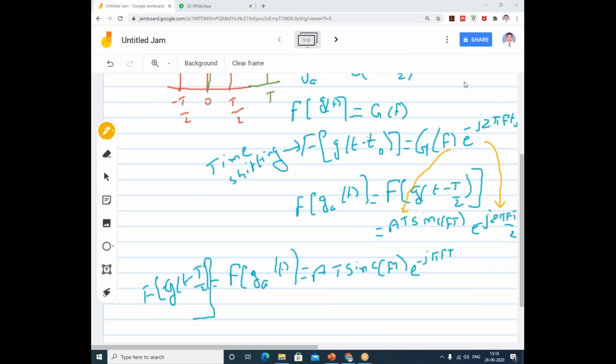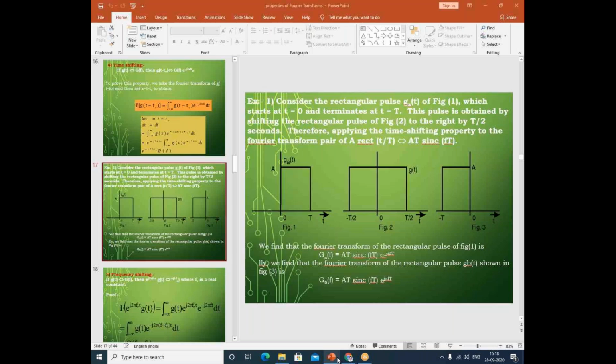Now please see this. Is it clear? Please post it in the chat box. Upanaya, is it clear to you now? Observe it, you will understand this from this. Now see this slide. This is your g of t, and GA of t is your g of t shifted towards right by T by 2.